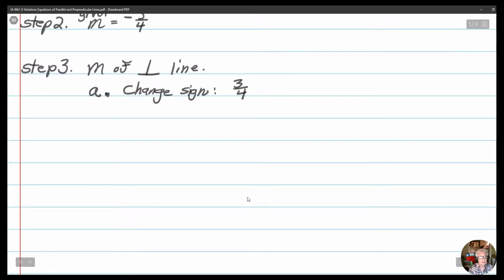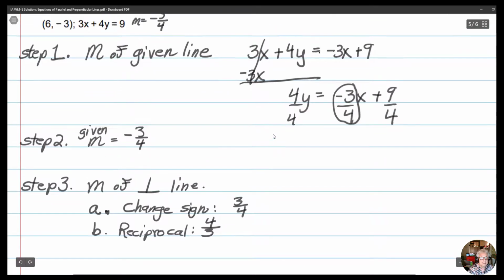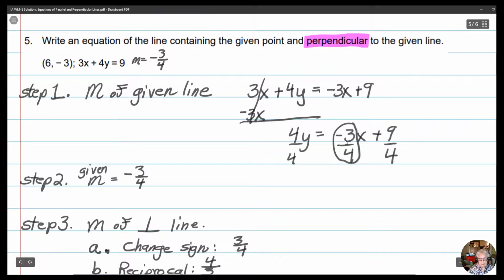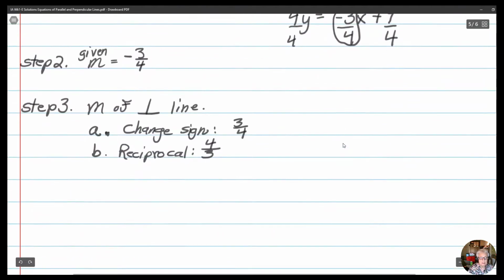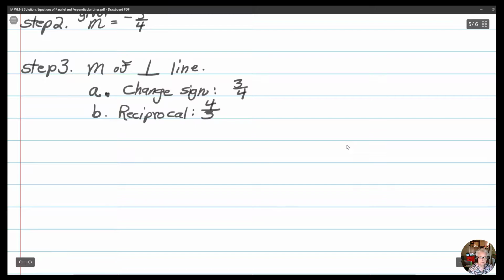Positive 3/4. B. Reciprocal. 4/3. The slope of the perpendicular line is 4/3. Yeah, has to be the opposite sign. Negative 3/4. Okay. Positive 4/3.